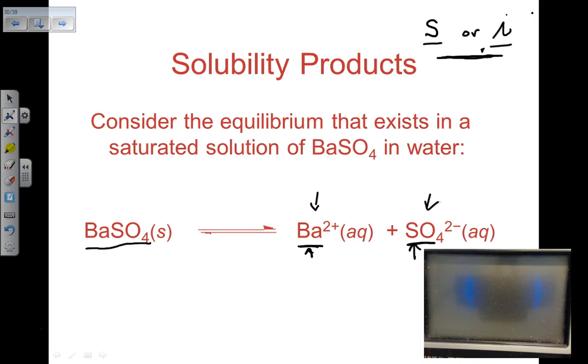But for some cases, it is significant because what if we have something like lead? In no cases are lead ions good to have in your body. What if we have lead in our drinking water?